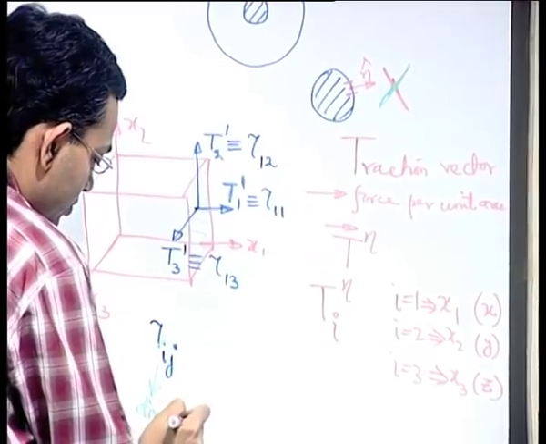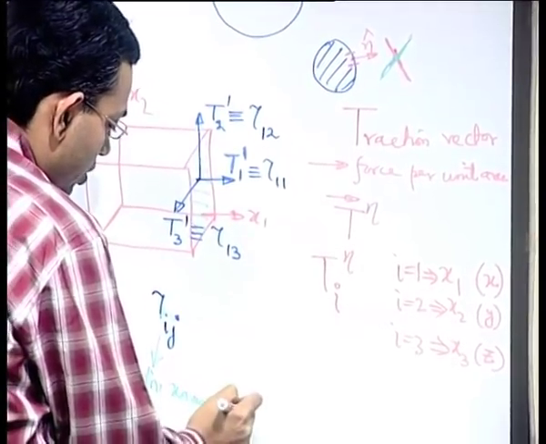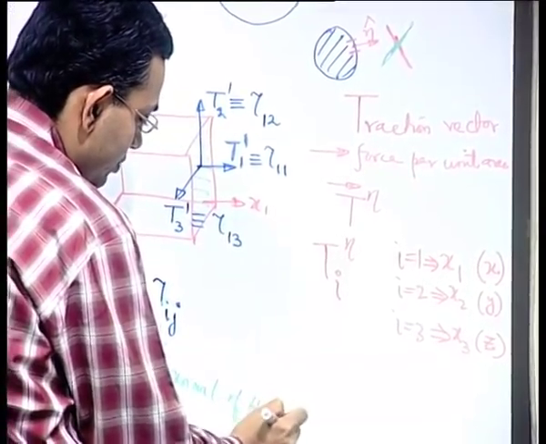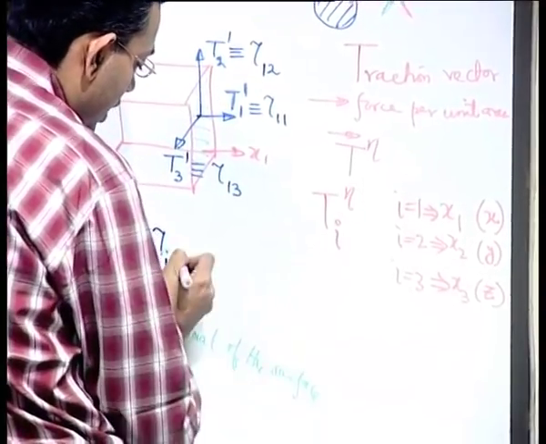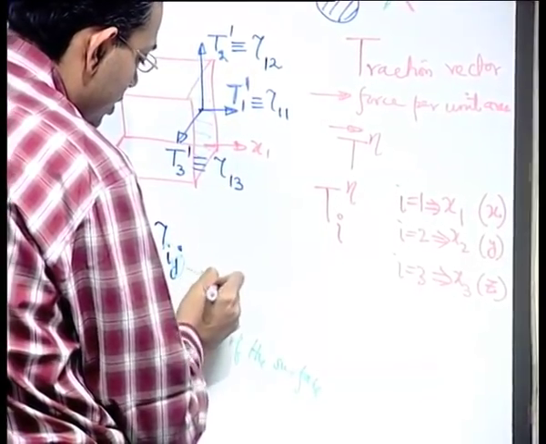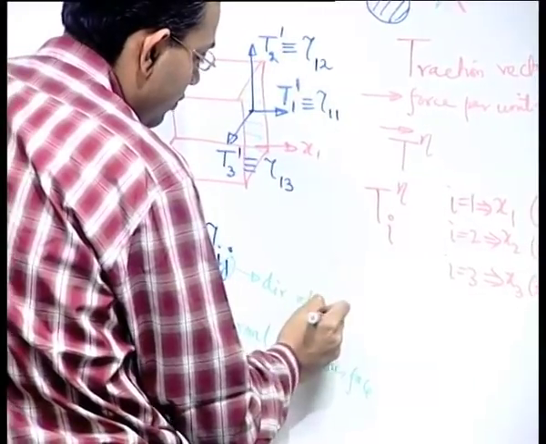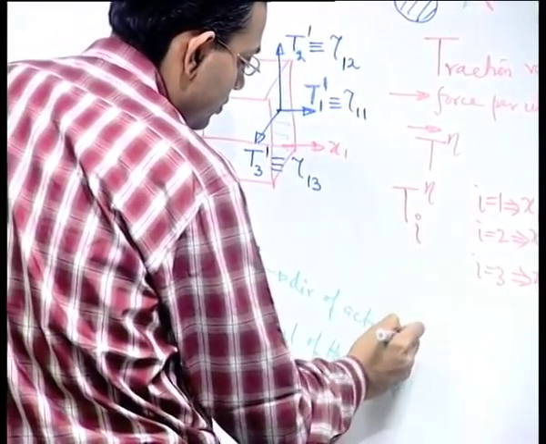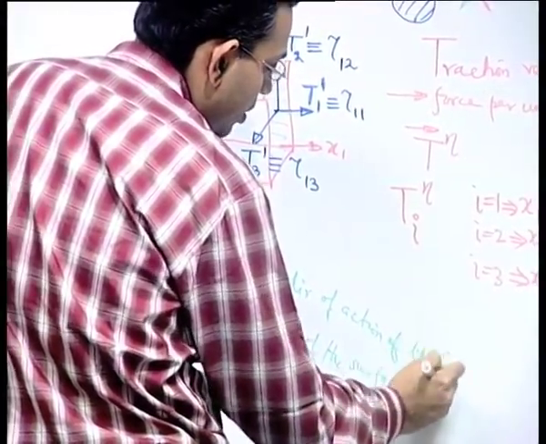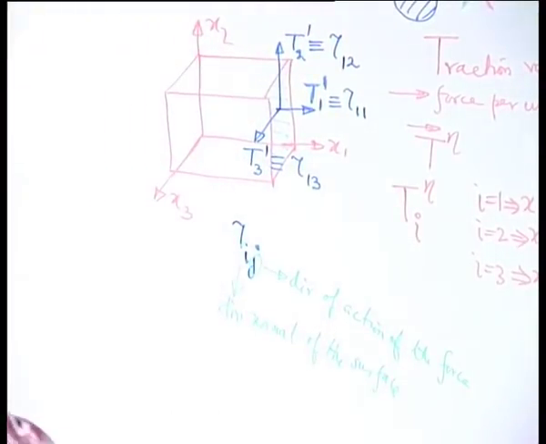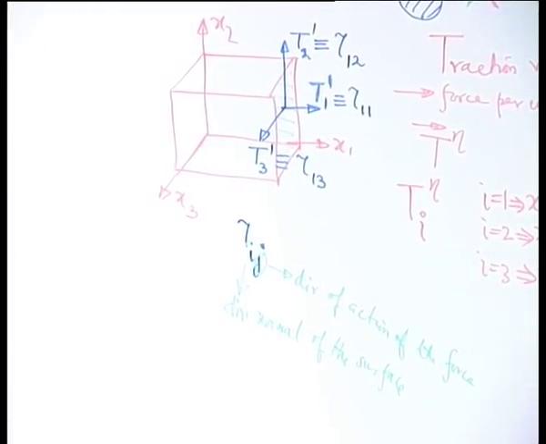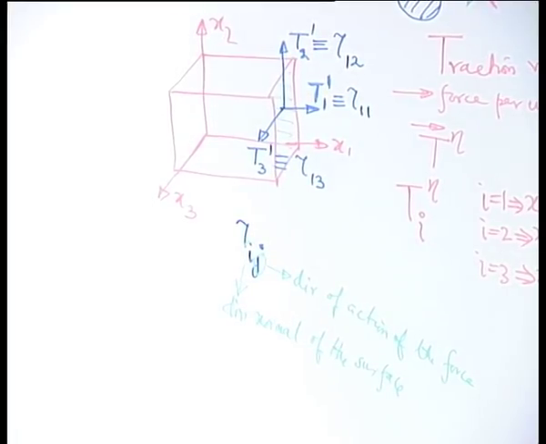Direction normal of the surface, and what is j? Direction of action of the force itself. Remember, this is described as force per unit area. So all these are expressed in terms of per unit area.